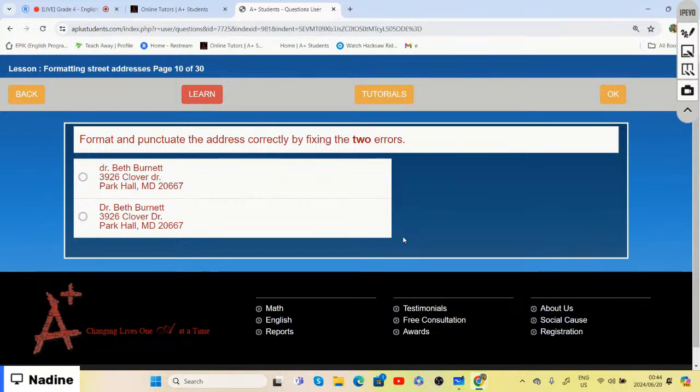All right, and if we were to choose the correct option with no errors that we need to fix, we will choose option two, which shows that there are no errors. Which means that in option one there are quite a few errors, starting with doctor. Doctor needs to start with a capital letter D. And also with the street address, I think that is drive, needs to start with a capital letter.